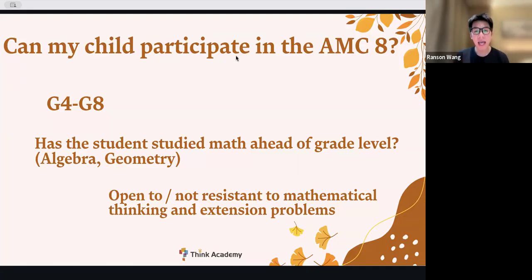And the last one is also very important, because this is a competition. As a competition, it requires the students to consistently devote themselves to practice, and it takes time. So at least we require students to be open, or at least not resistant, to mathematical thinking and extension problems. This one is also very important. Those are the checklist to determine if your students are suitable to take the MCA or not.